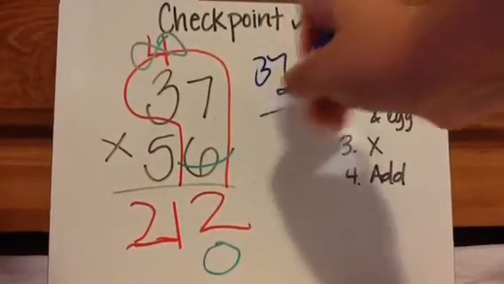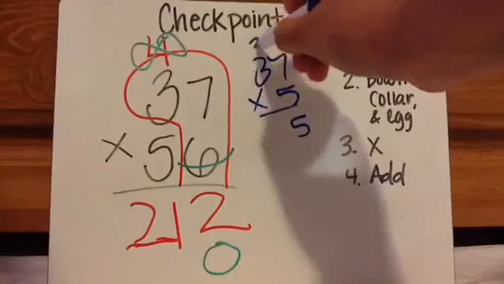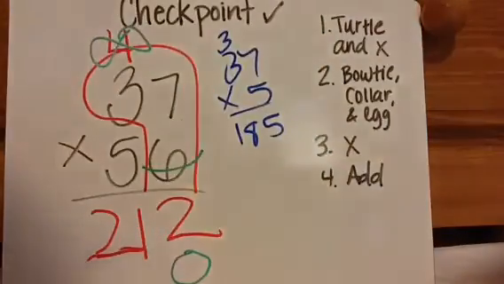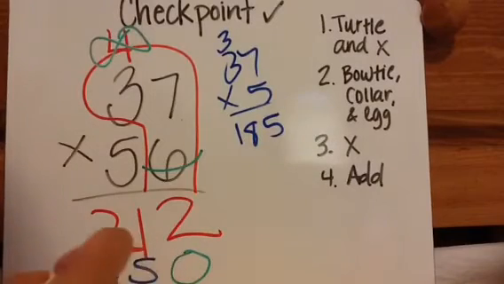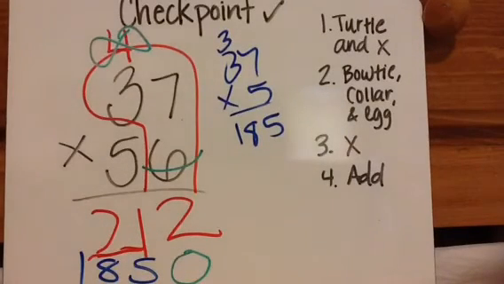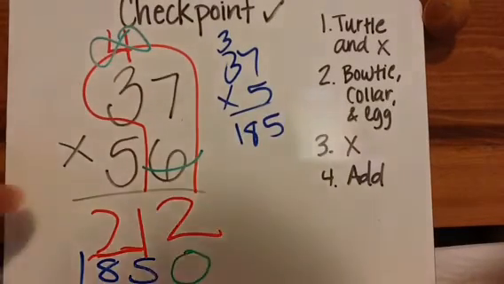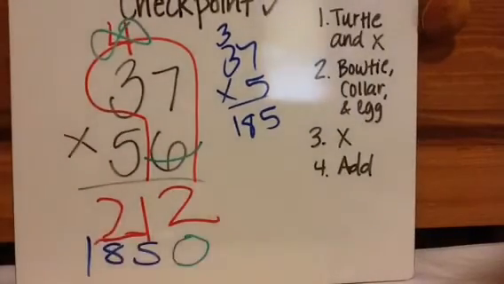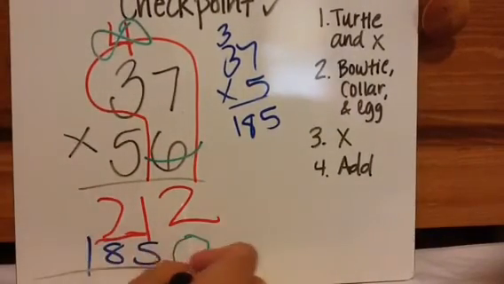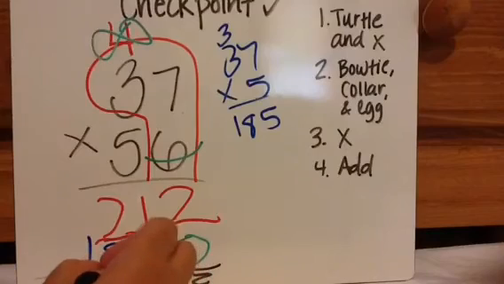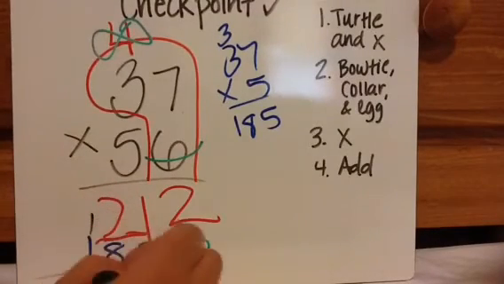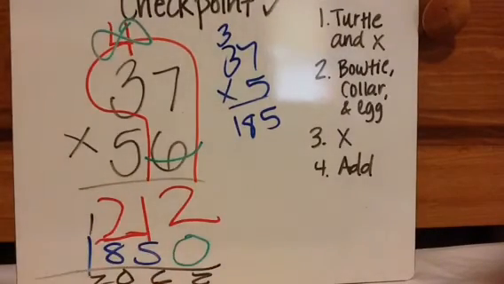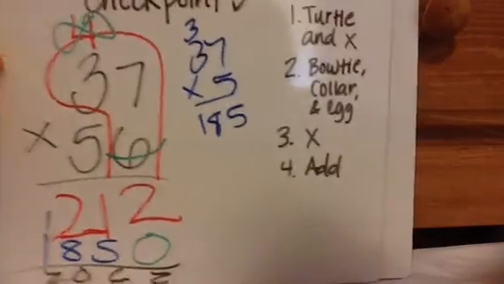Remember, if it's messy, you can do it on the side. 185. Whoops. And then step 4 is add up the products. So I got 2,062. And we're going to check it with commutative property.